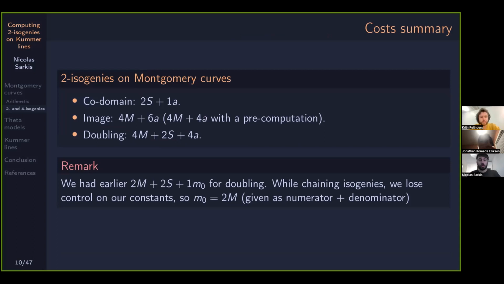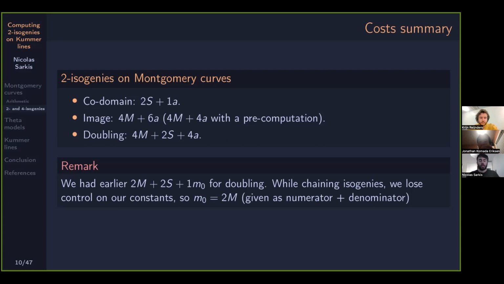So the codomain can be computed in 2 squares, the image is in 4 multiplications and some additions. And the doubling corresponds to the formula I showed previously on the arithmetic. And one remark is, I did not talk about the computational cost, but there was an M0 to denote the multiplication by a curve constant earlier on the arithmetic.